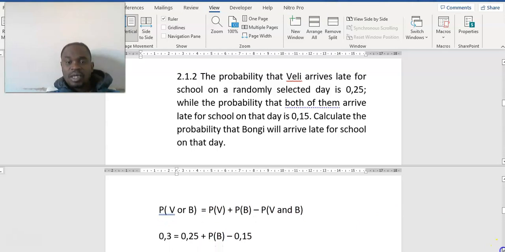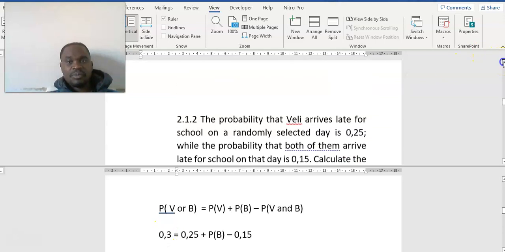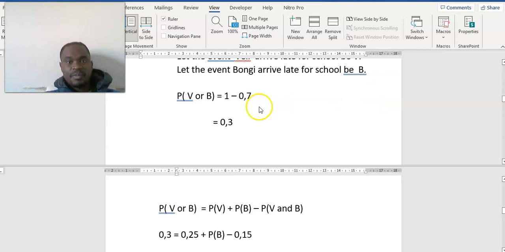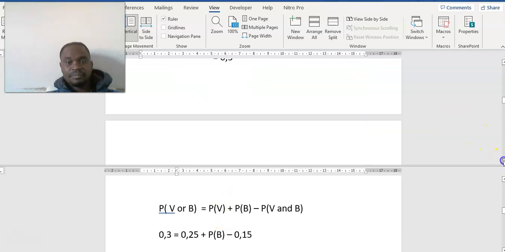Now this information is giving the probability that at least one of them will come to school late. We have calculated it to be 0.3. It was at the top here. Remember, we got this one, 0.3. Then the probability that Verily will come to school late is given in the question, 0.25.